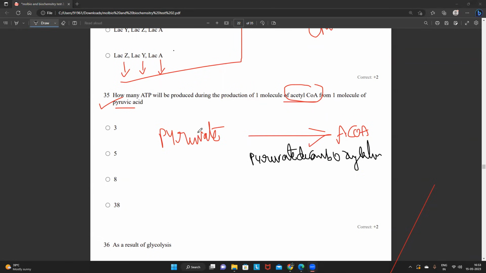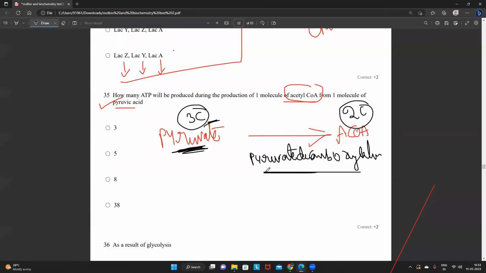See, friends, it's easy. Use your common sense. Pyruvate is how many carbons? 3 carbons. Acetyl-CoA is how many carbons? 2 carbons. So what is happening now? One carbon is released, right? We are removing carbon from pyruvate. That's why we call it pyruvate decarboxylation.